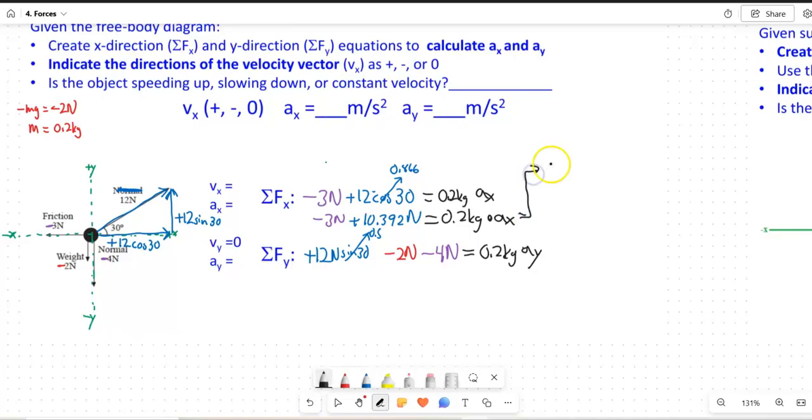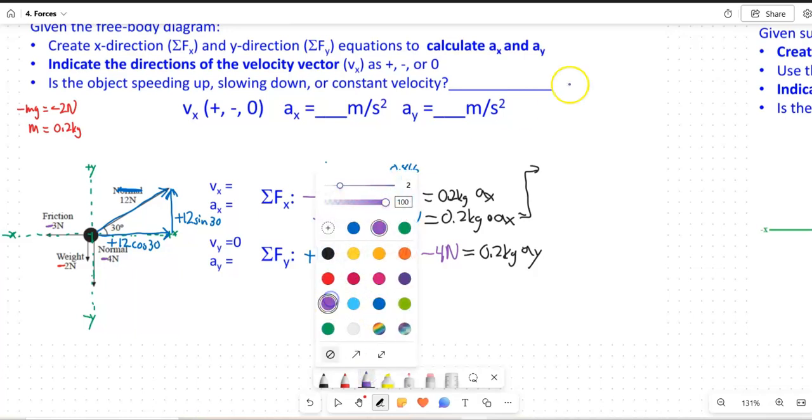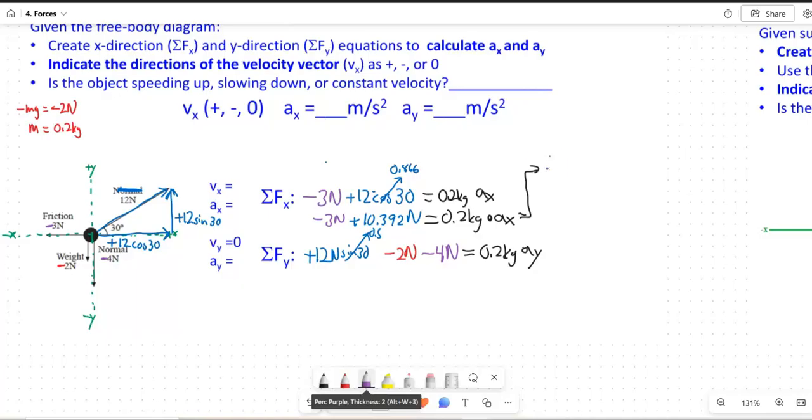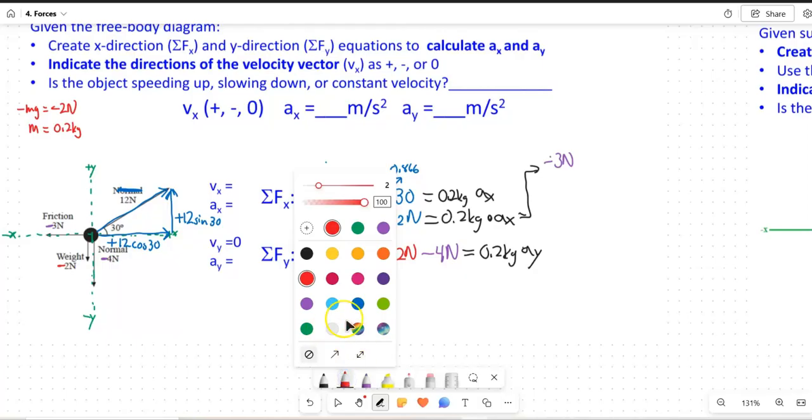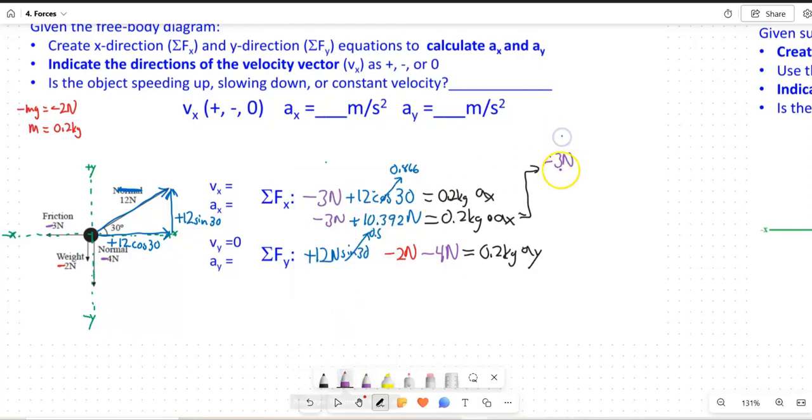So the acceleration in the x direction is going to be -3 newtons plus 10.392 newtons divided by 0.2 kilograms. Okay, so what is that?